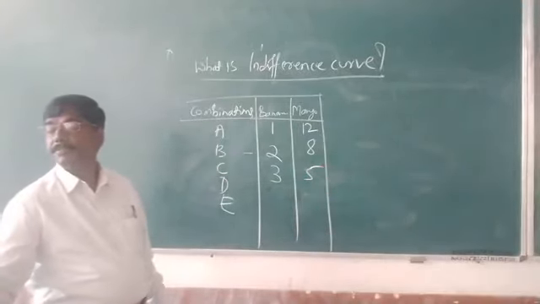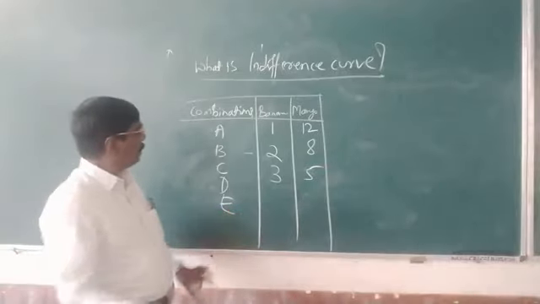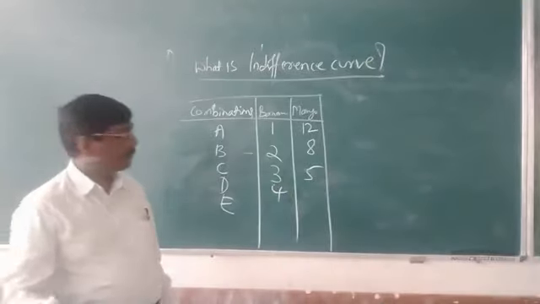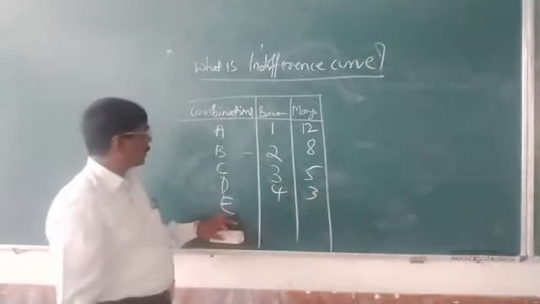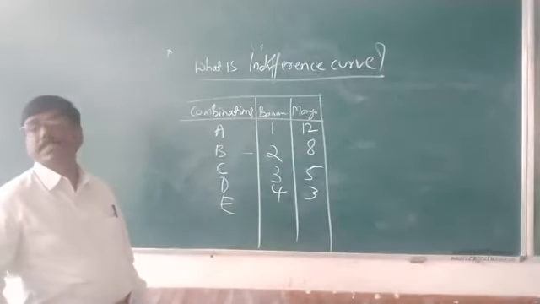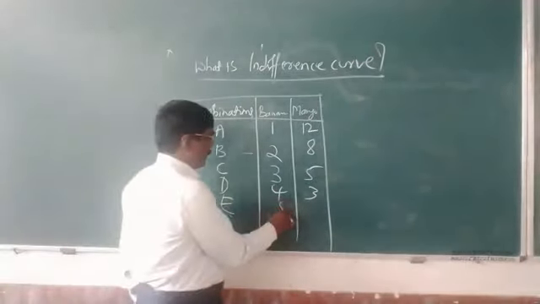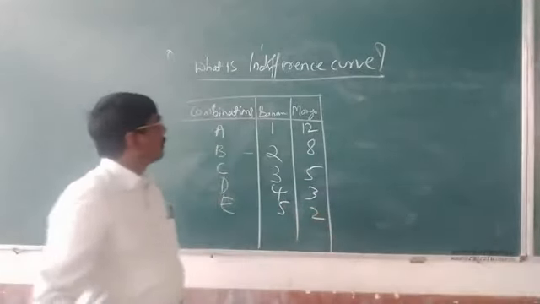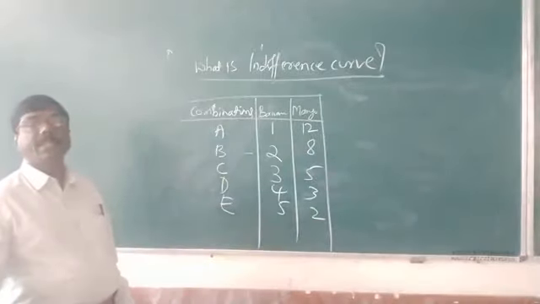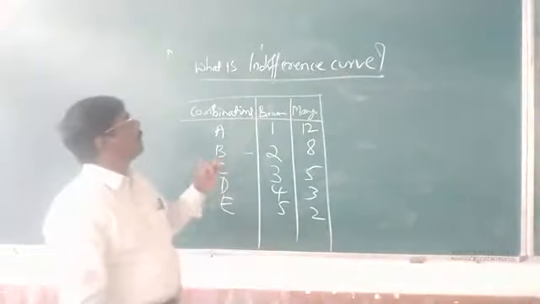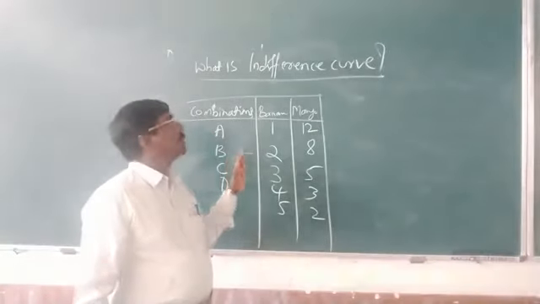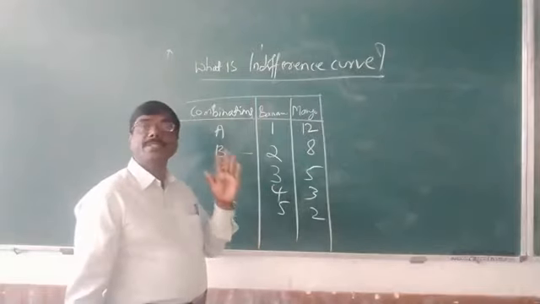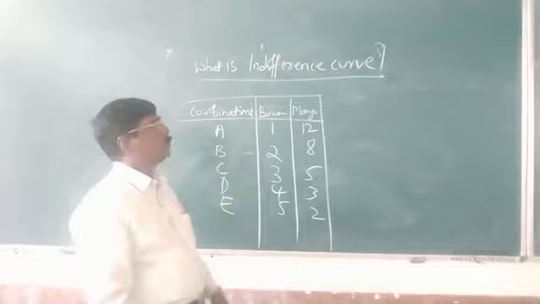The D combination includes 4 bananas and 3 mangoes. And the E combination includes 5 bananas and 2 mangoes. So this clearly explains various combinations. An indifference curve refers to the various combinations that give the same level of satisfaction to the consumer.